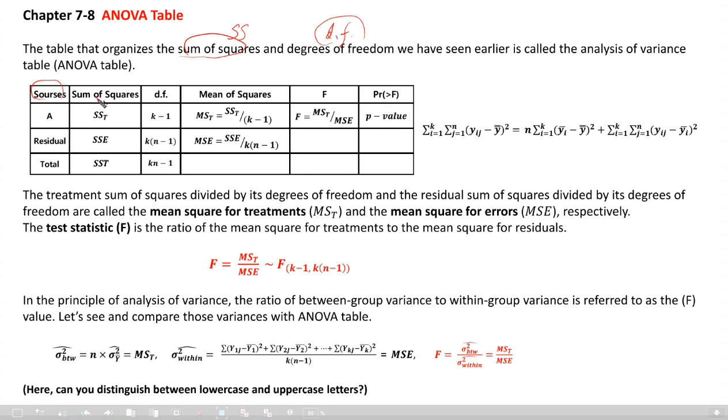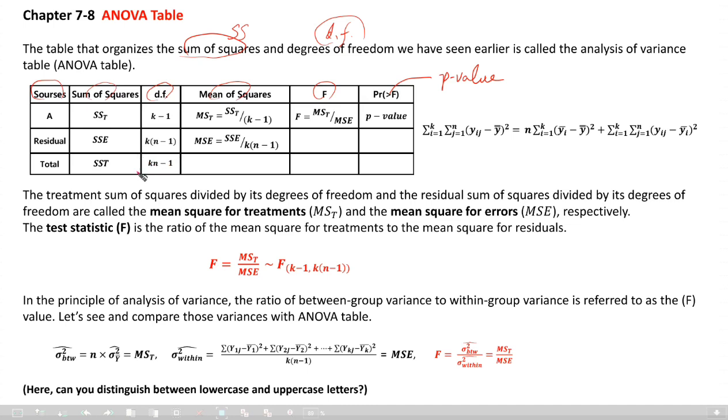Sources, sum of squares, degrees of freedom, mean squares, F value, and this one is the p value. So this format is the standard format. I think some statistics software provides a slightly different ANOVA table, but this is the standard format.